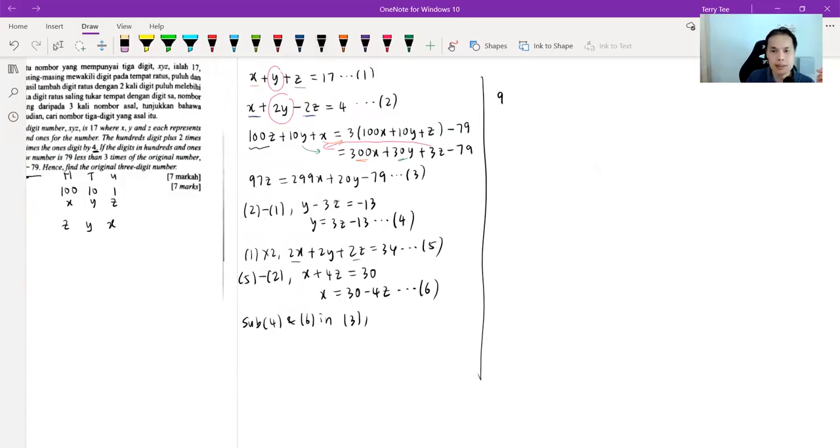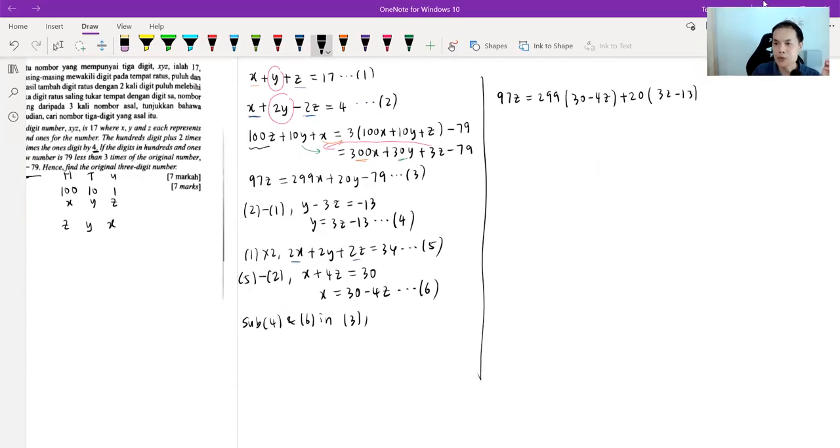This is 97z equals 299. My x is 30 minus 4z. Then I plus 20 times y, 3z minus 13. And then I plus with minus 79.